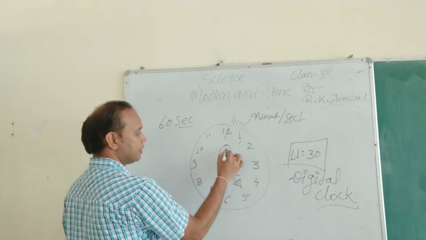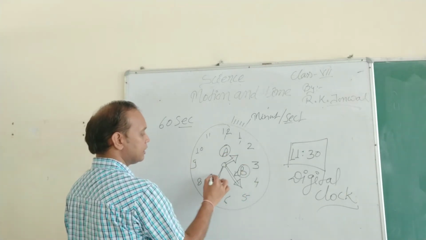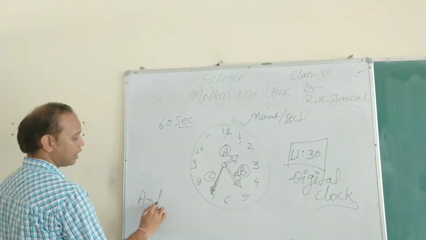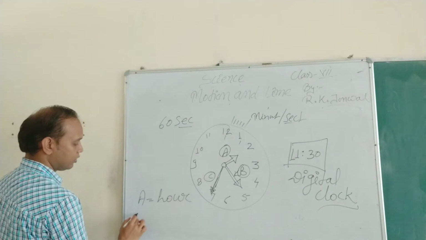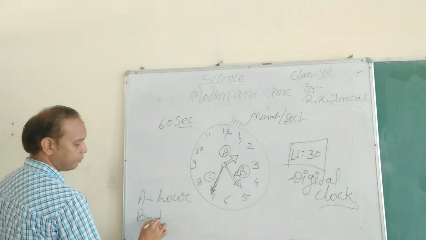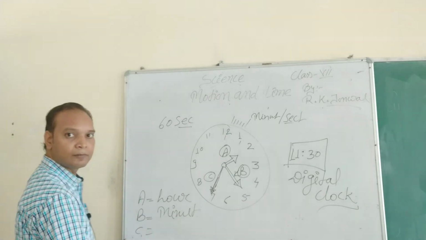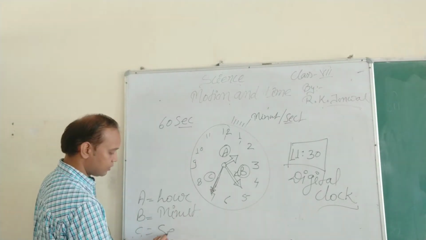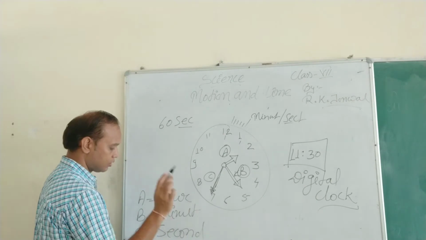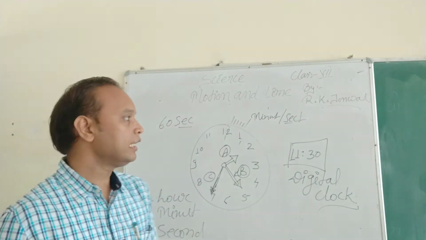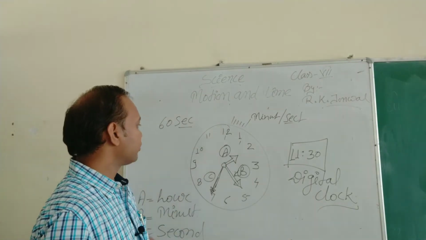If we calculate this with the help of these needles, we can say here that is the A needle, that is B, and that is C. So A for hour, B needle for minute, and C needle for second. So with the help of these 3 needles, you can easily find out the time.